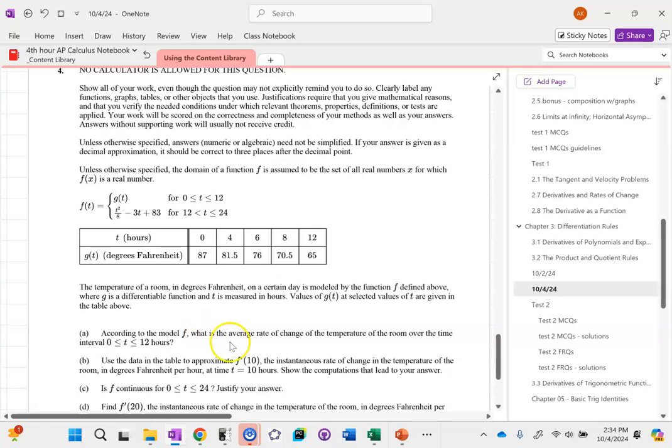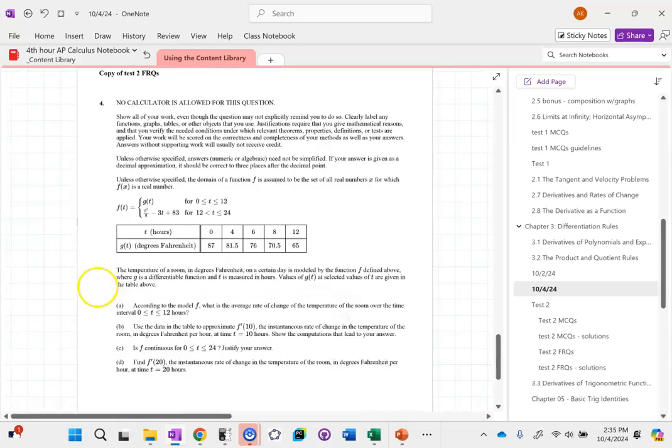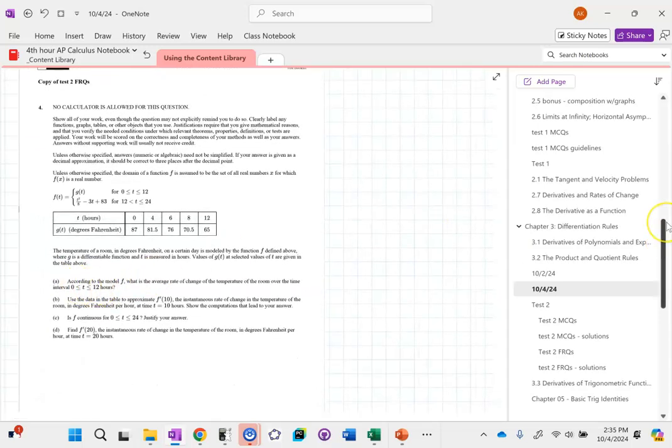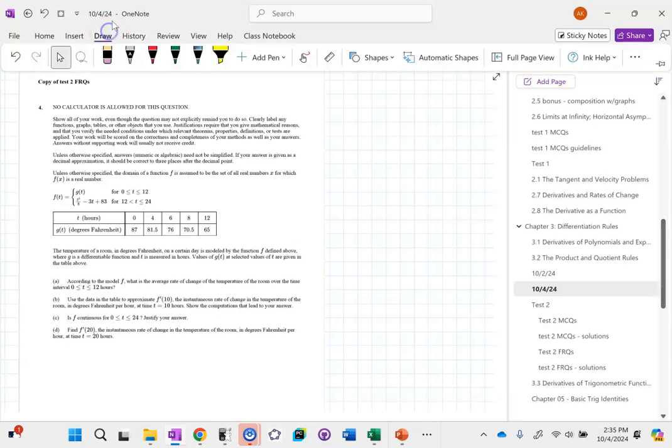According to the model f, what is the average rate of change of the temperature of the room over the time 0 to 12? When you see average rate of change, you think slope. So literally I'm just doing f of 12 minus f of 0 over 12 minus 0, and then filling the numbers in. If this were a calculator question, I could type it into my calculator and get a response.